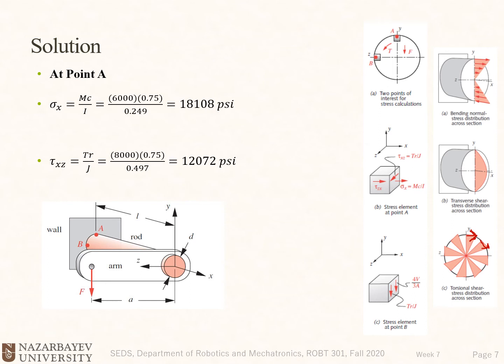Now we have our full stress element at point A, and we could use Mohr's circle to find the principal normal stresses and principal shear stresses, and basically accomplish our stress analysis on point A.